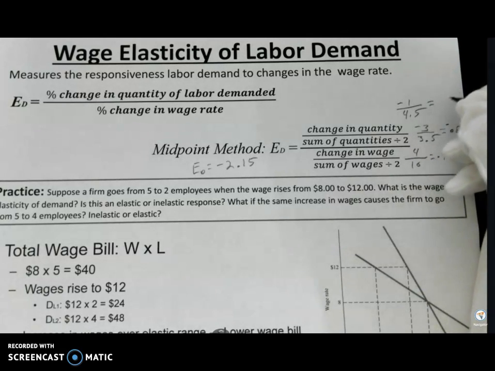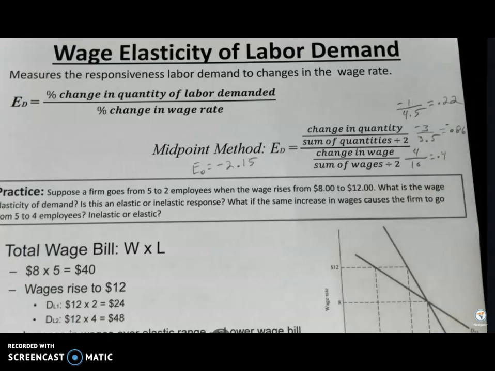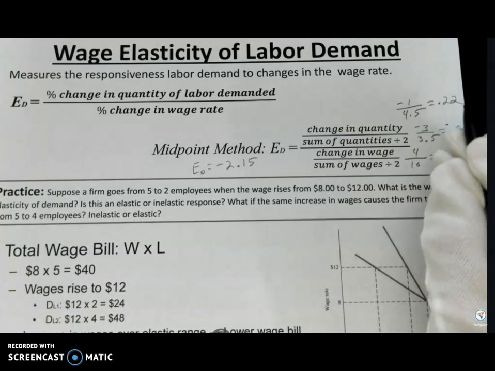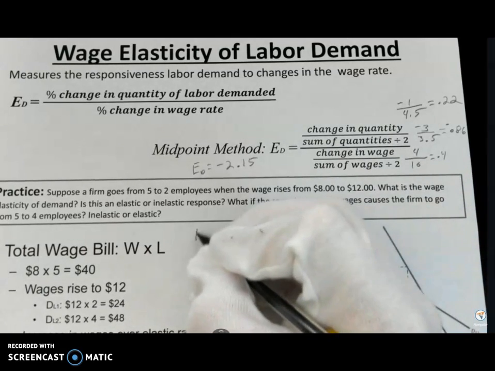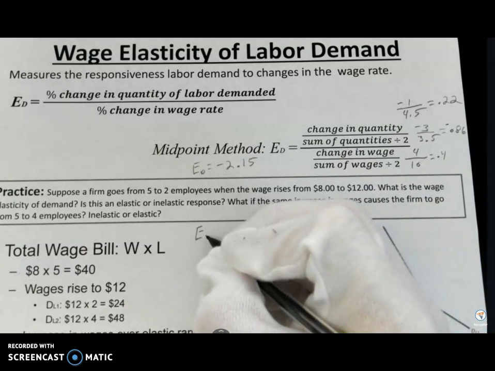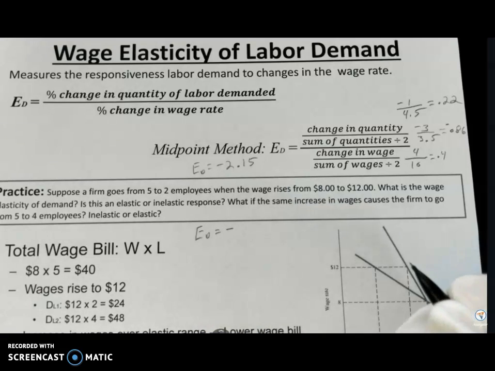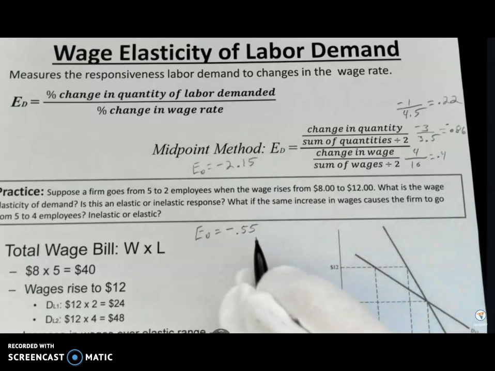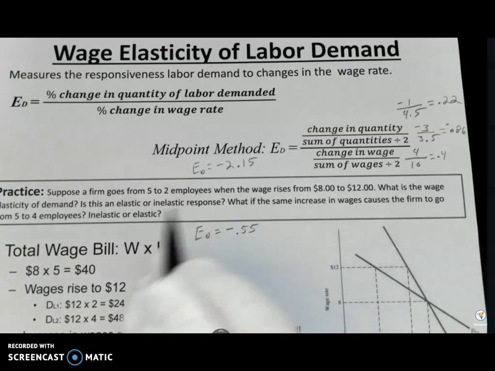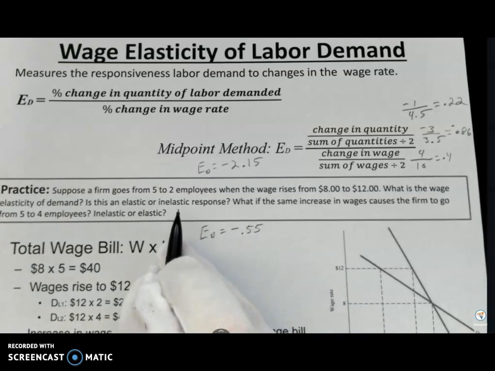And if you do that calculation, you get 0.22 approximately. Take 0.22 and divide it by 0.4, and you get an elasticity of demand equal to -0.55. Okay. Take the absolute value, which is 0.55. It's less than 1, so we would say that is an inelastic response.